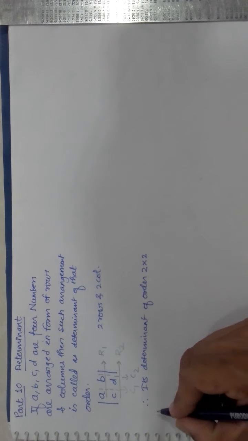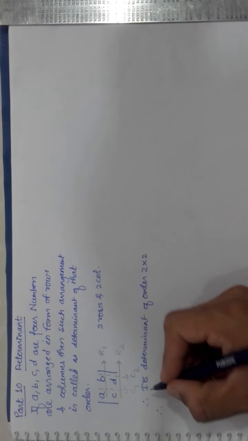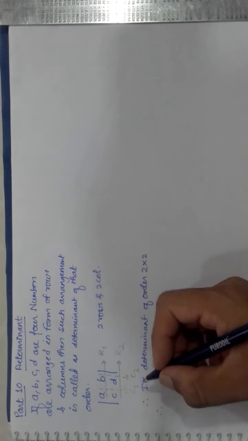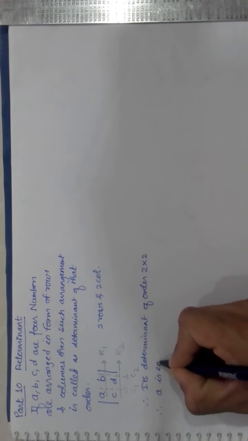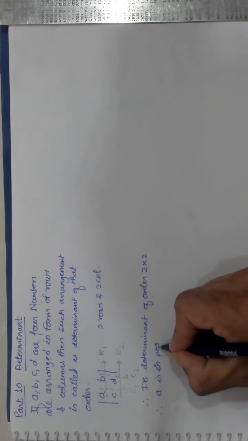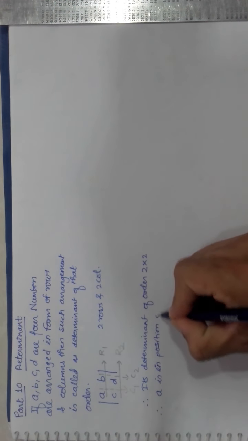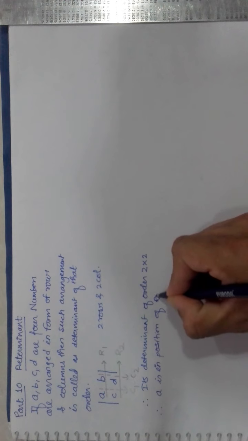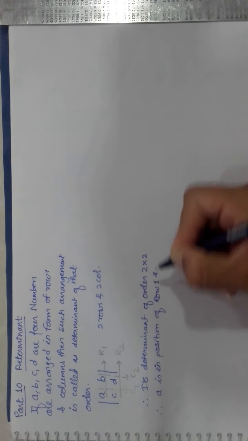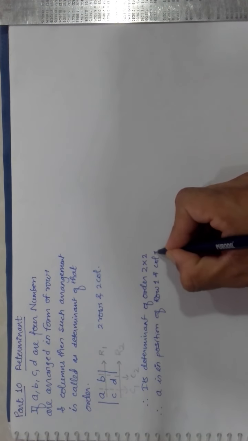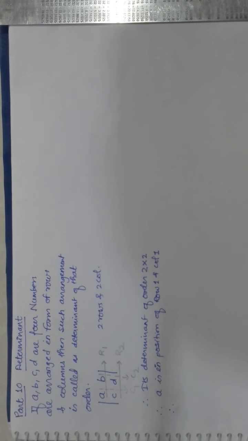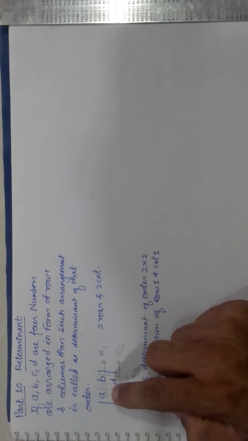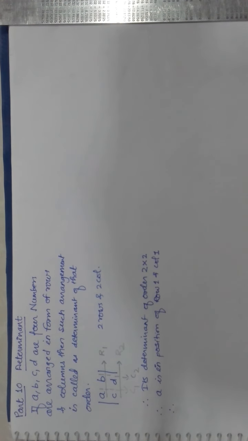So if you say that this A is in the position of row 1 and column 1, therefore this A is lying at the place 1, 1.